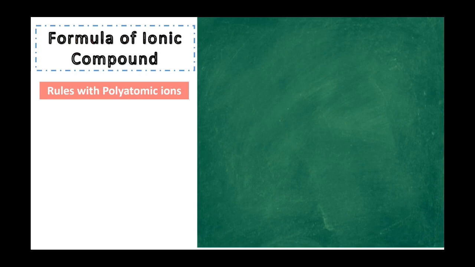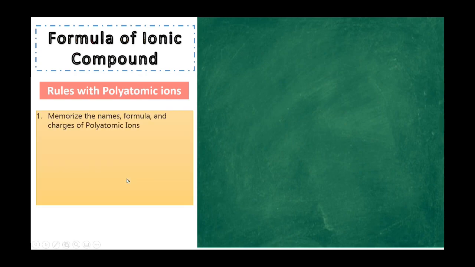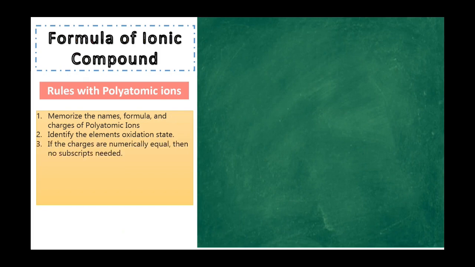We have the anions and the cations. So we will just look here in the ionic compound, the anion. Okay, so for this, class, polyatomic ions, you have to familiarize and memorize some charges and the names and formulas for this one. So next is to identify again the oxidation state.